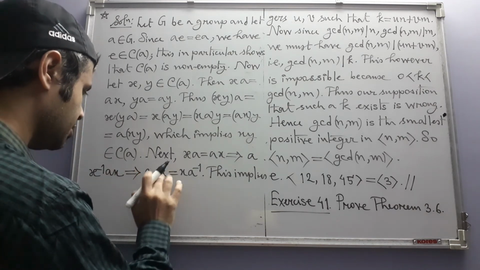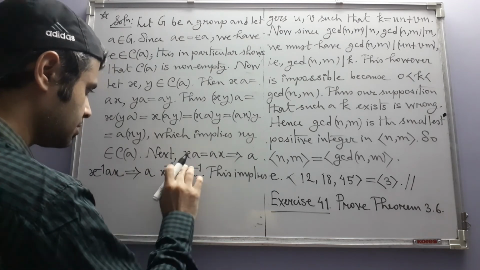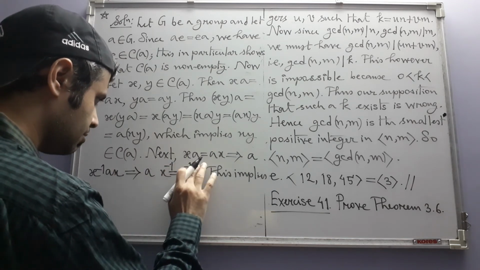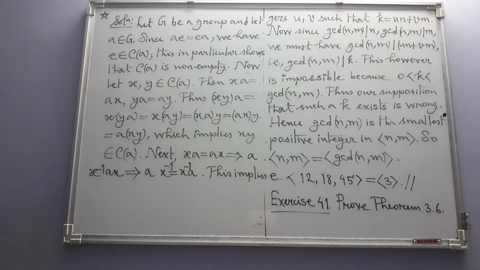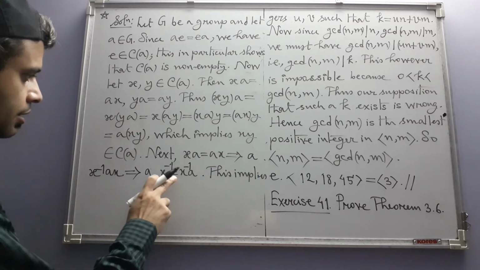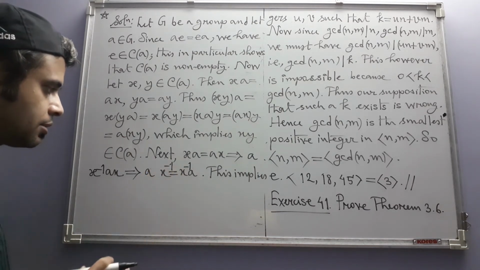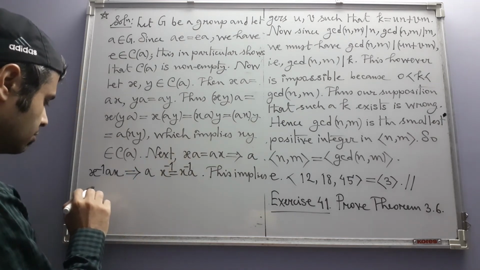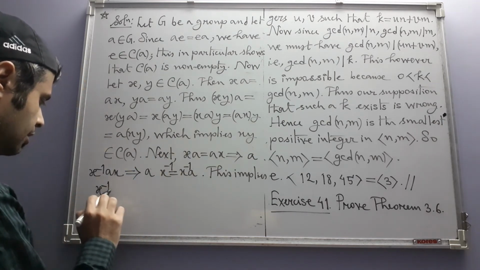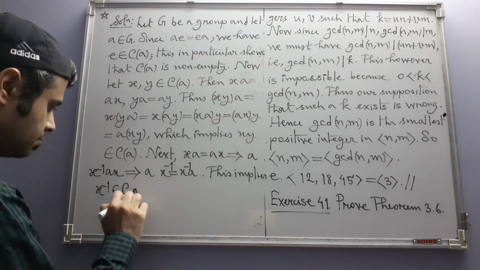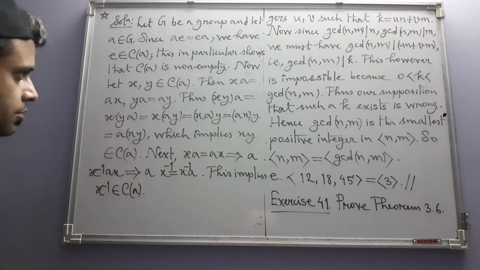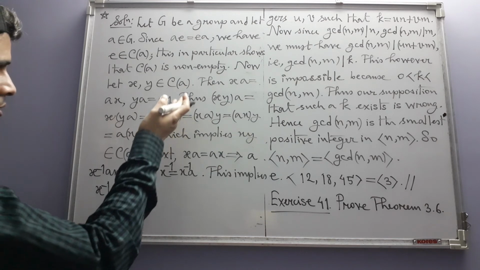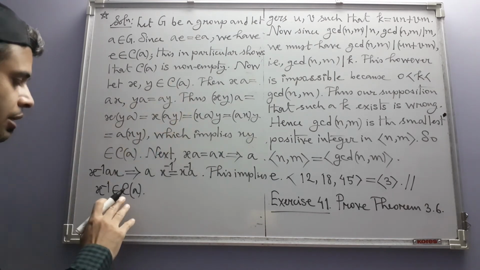So that will give me AX inverse equal to X inverse A. Yes. Now this implies that X inverse also commutes with A. So X inverse belongs to CA. So every element of CA also has its inverse in CA.